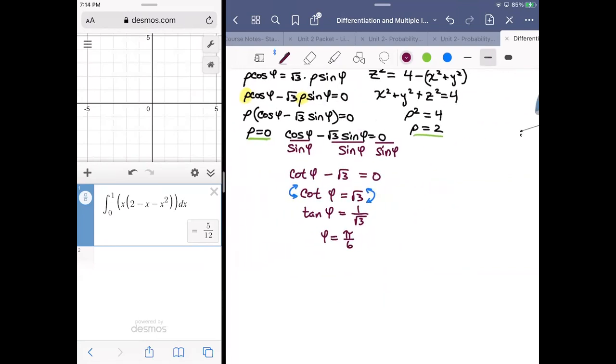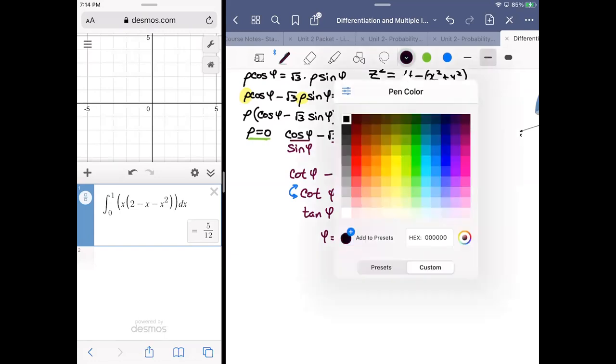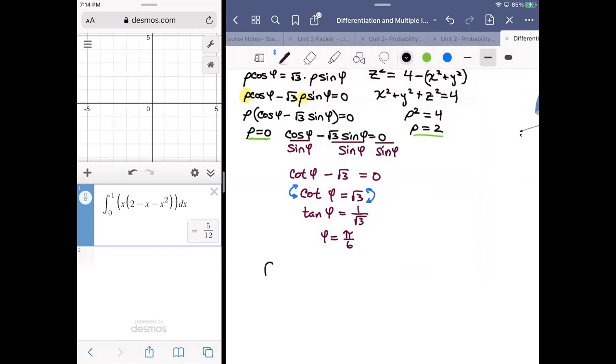We know that phi starts off the z-axis and expands outward from there, so it's spanning from 0 to pi over 6. So now what? Triple integral.